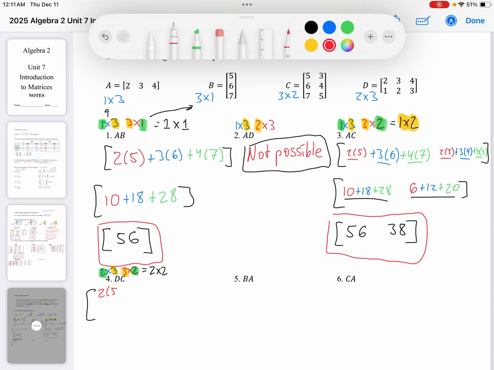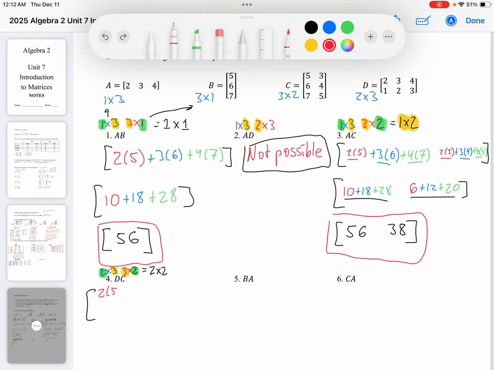Then I would need the second number from matrix D times the second number in the column from matrix C. Because again, we're multiplying the row of matrix D times the columns of matrix C. And so we kind of go down the row here, and we go down the column here. And so we would take the 3 times 6.